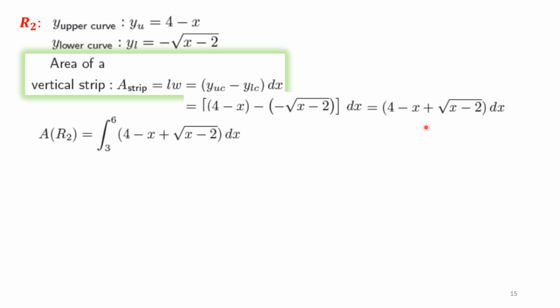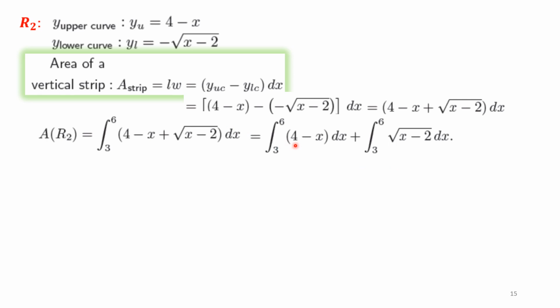And if we take the summation of these vertical strips, then we'll have the integral of 4 minus x plus square root of x minus 2 dx, evaluated from 3 to 6.